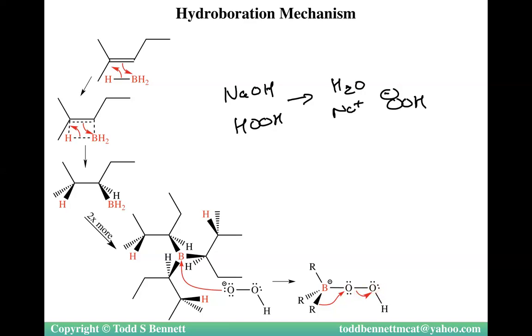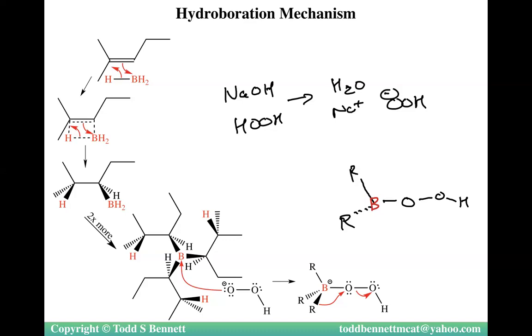So whatever side the B is on, the orbitals have to stay on the same side. So if I were to redraw this, I'll have my R here, my R here, my boron, my oxygen to this other one.